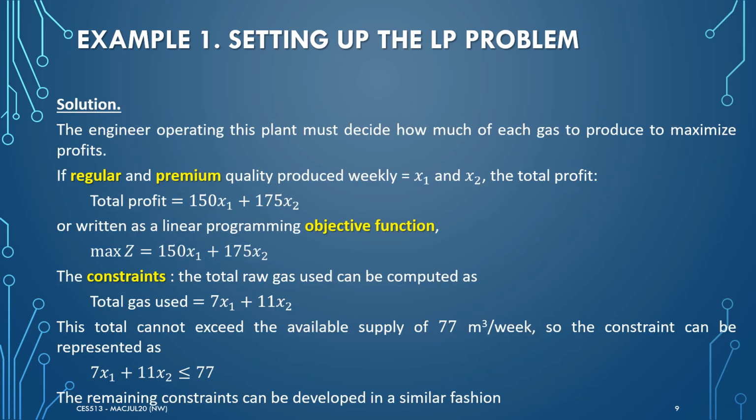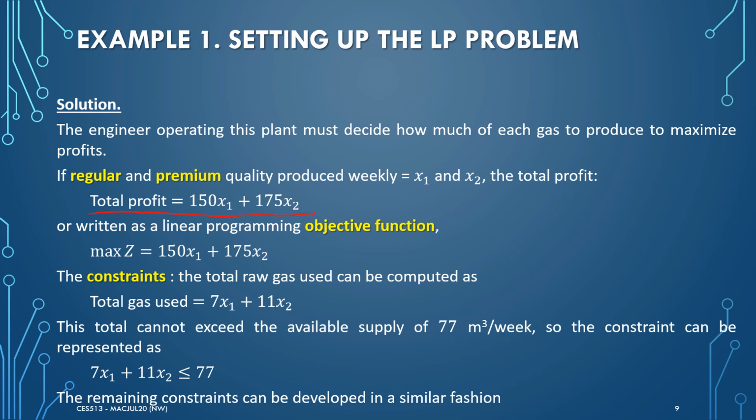Okay, the solution. The engineer operating this plant must decide how much of each gas to produce to maximize profits. So if the amounts of regular and premium produced weekly are designated as X1 and X2, the total weekly profit can be calculated as 150 X1 plus 175 X2.